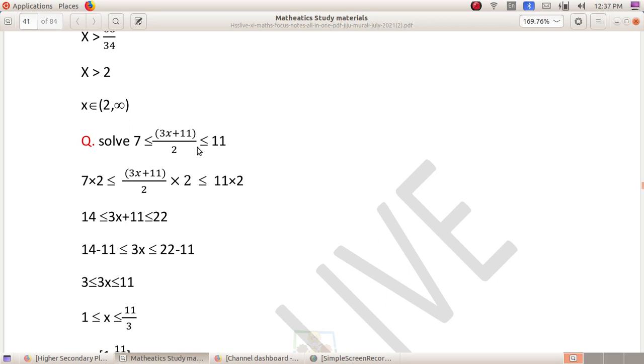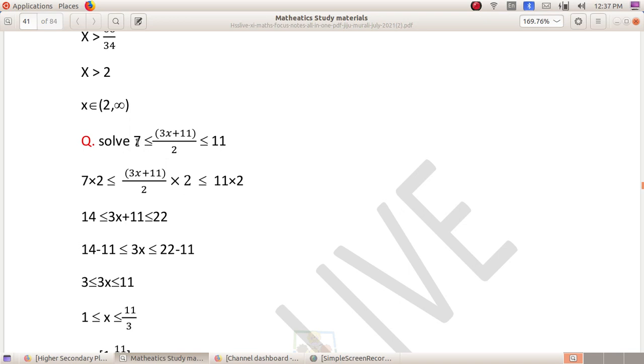Here the denominator is 2, so you cannot move this denominator to the left side or right side. So you have to eliminate this 2. For that, you can multiply the whole terms by 2.